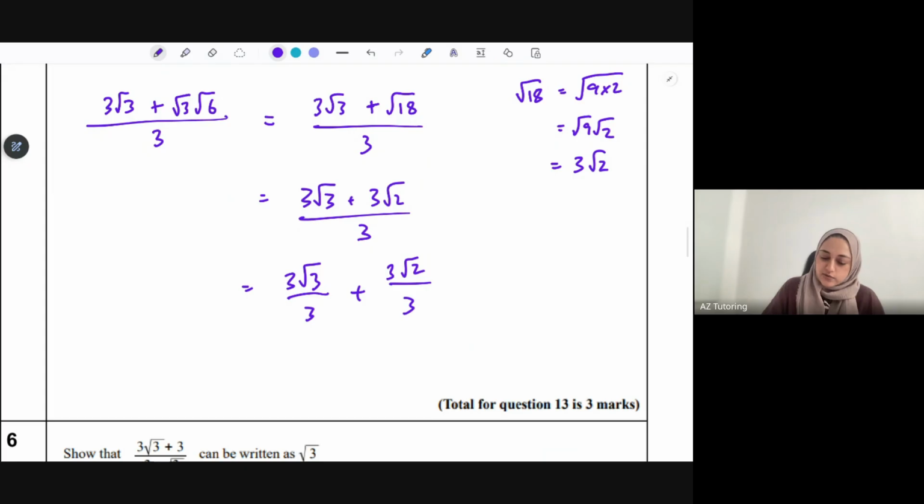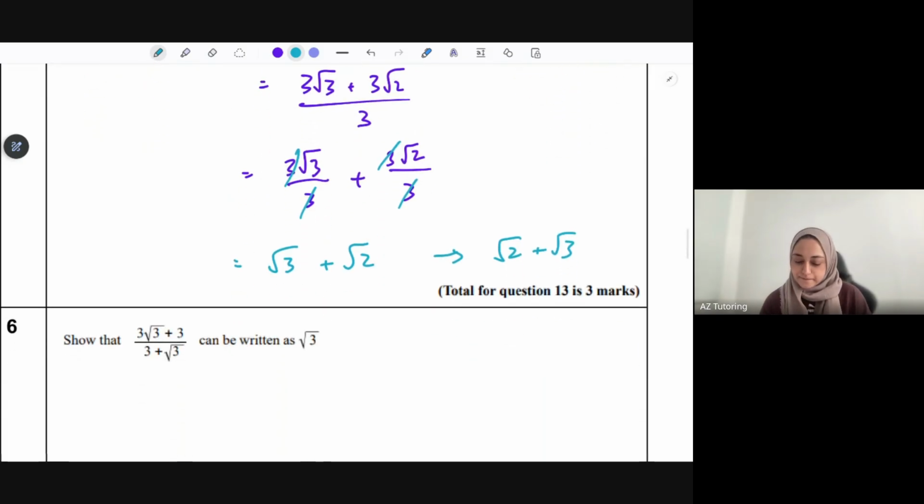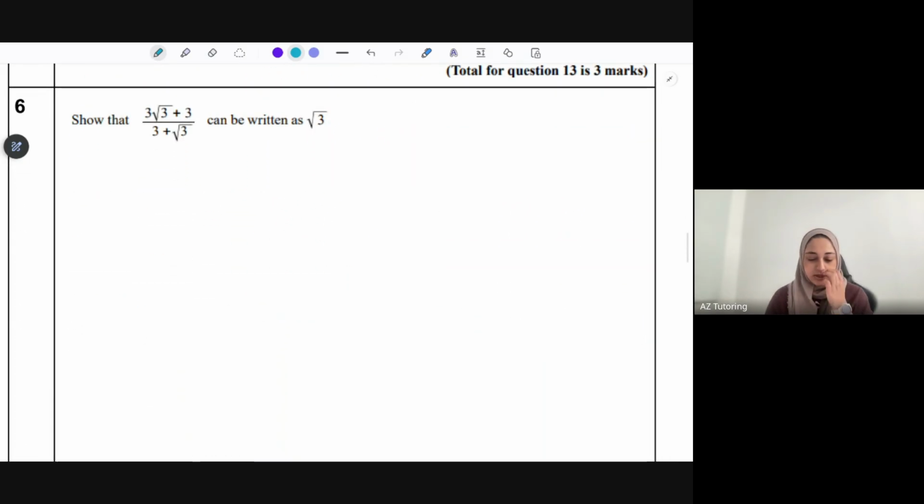Now, as you noticed, I can just cancel these 3's out because it's on top numerator and denominator. So we end up just getting root 3 plus root 2. If you want to put it in number order, root 2 plus root 3, you can do that as well, but you'll get the same answer because root 3 add root 2 is the same as root 2 add root 3.